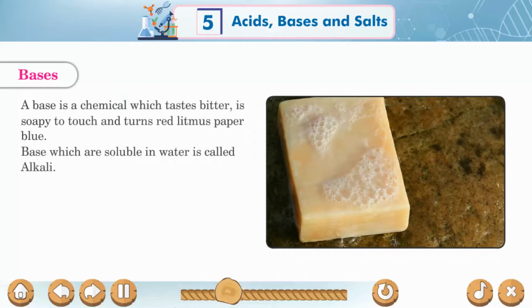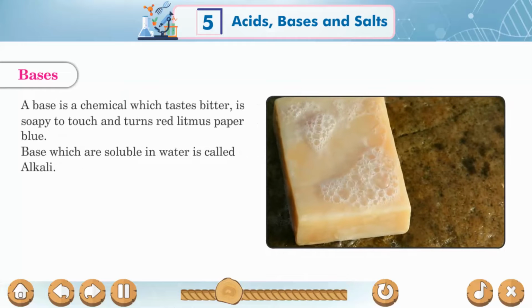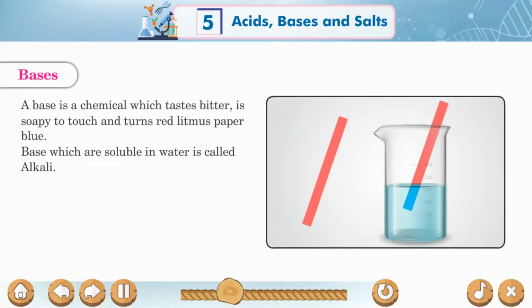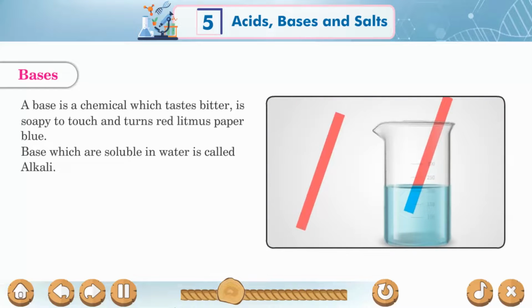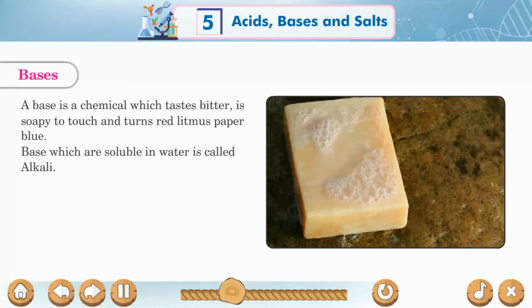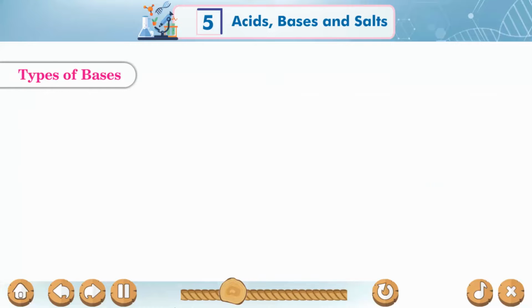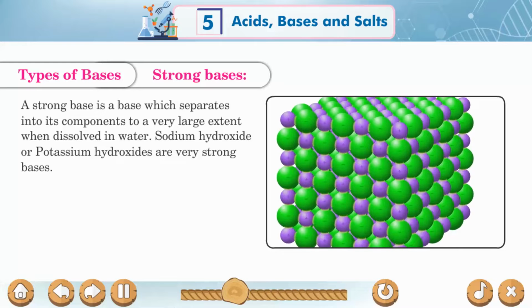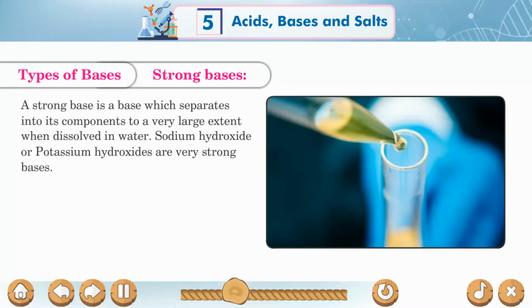Bases. A base is a chemical which tastes bitter, is soapy to touch and turns red litmus paper blue. Bases which are soluble in water are called alkalis. Types of bases. Strong bases. A strong base is a base which separates into its components to a very large extent when dissolved in water.